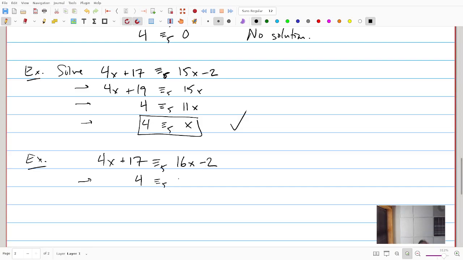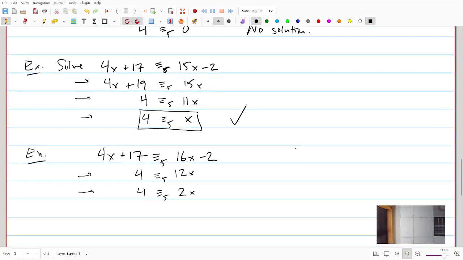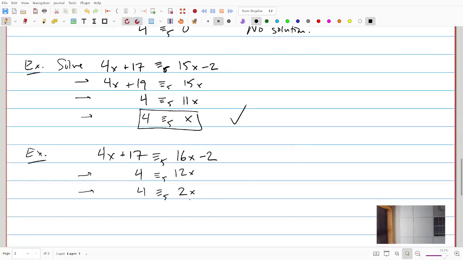Subtracting 4x from both sides, I get 12x, which means 4 is equivalent modulo 5 to 2x. The previous examples I chose carefully so that we just ended up with x. But here, I have 2x. And again, if this was an equality, you might think to divide both sides by 2. We have to be careful here.